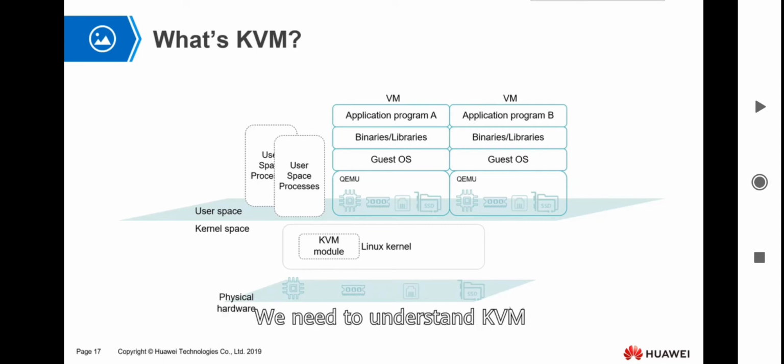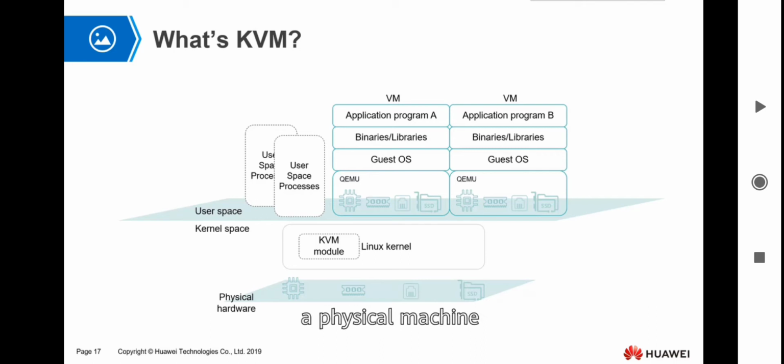We need to understand KVM because Huawei's latest version of server virtualization products is based on the KVM architecture. KVM is called kernel-based virtual machine. It is a typical Type 2 full virtualization product. It is called a kernel-based virtual machine because KVM itself is a Linux kernel module.